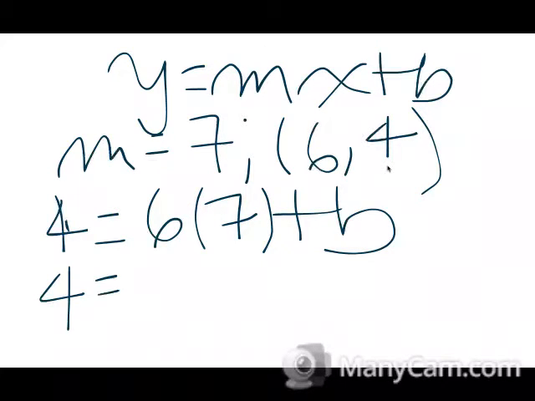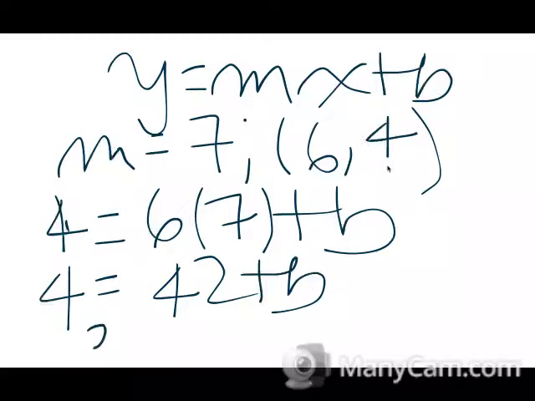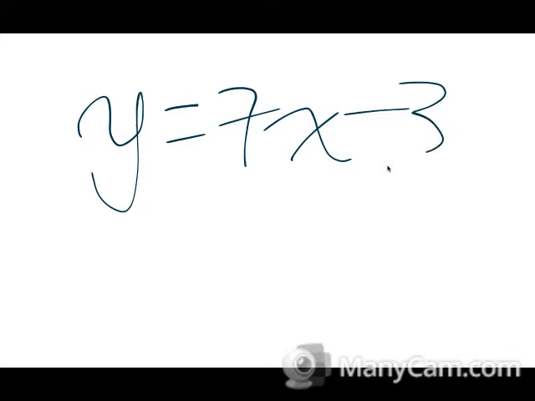So 4 equals 42 plus b. Subtract 42 on both sides. Negative 38 equals b. That's how we get our answer. See, the equation would still be y equals 7x minus 38. And you still get the same answer.